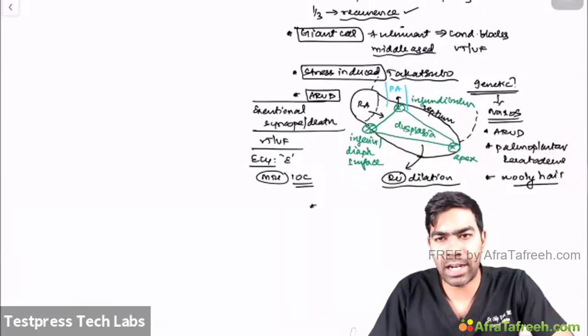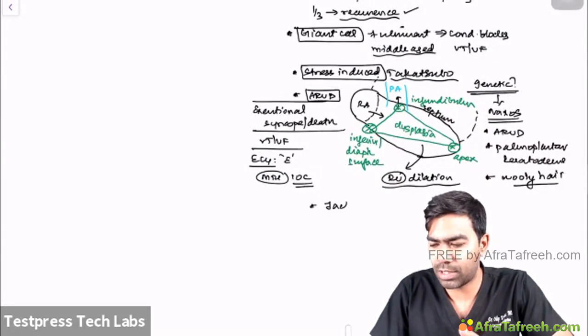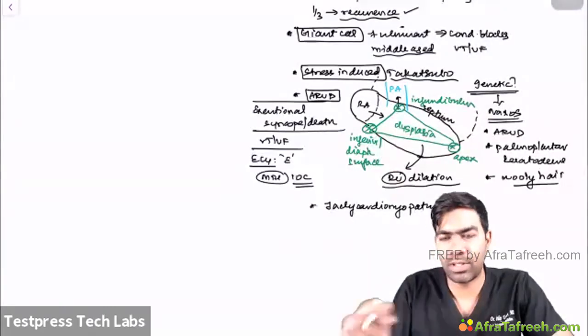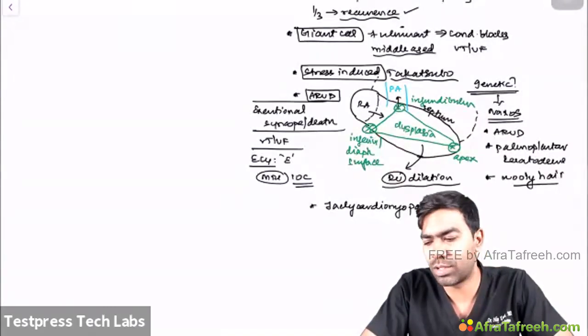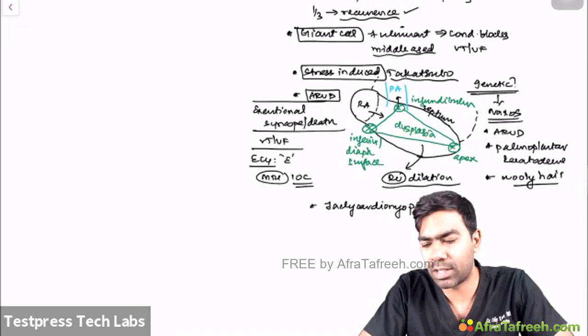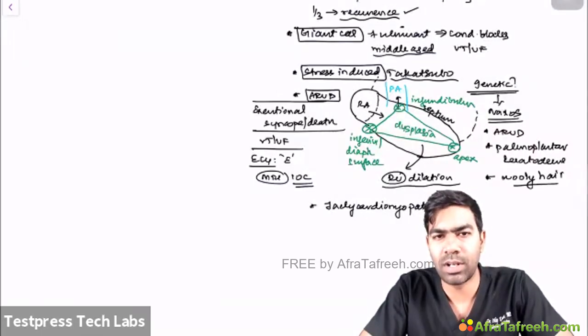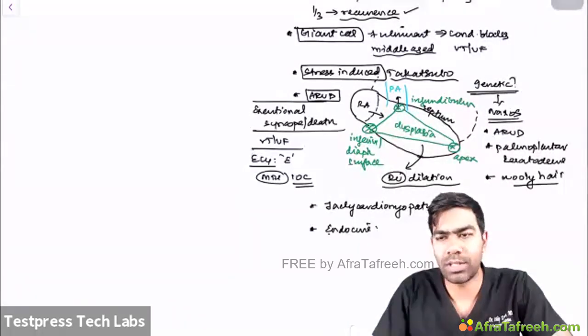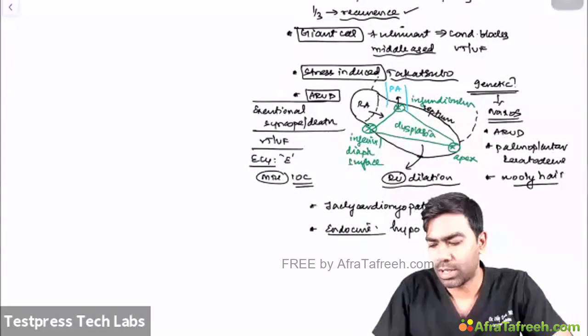And chronic tachycardia itself can produce cardiomyopathy. That's called tachycardiomyopathy. And usually this has a good prognosis because once the tachycardia is reverted and the rate is controlled, that kind of cardiomyopathy will completely resolve. And some endocrine disorders also can cause dilated cardiomyopathy, like hypothyroidism.